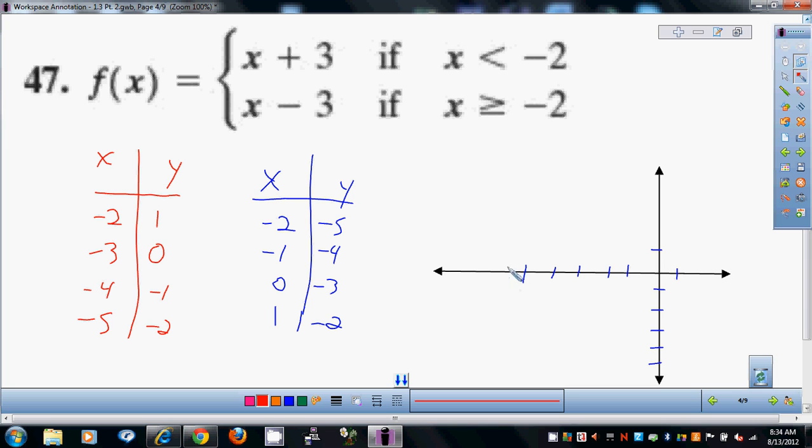Open or closed? Open. -3, 0. -4, -1. -5, -2. And -2, -5. Open or closed? Closed. -1, -4. 0, -3. Boom. And there is that piecewise.